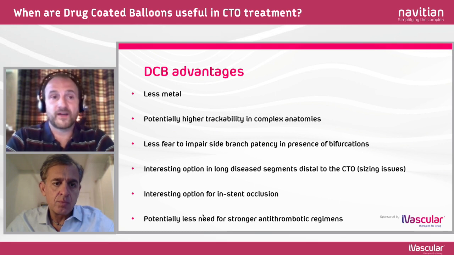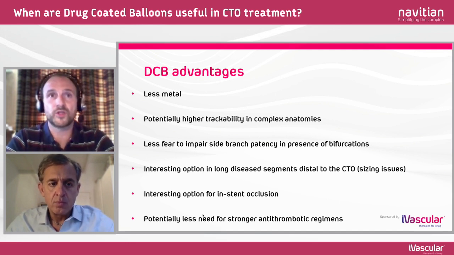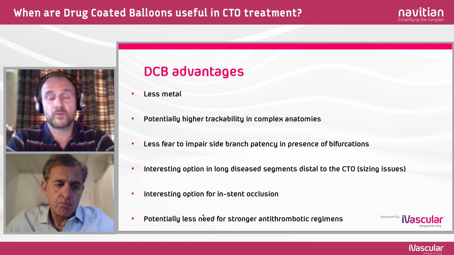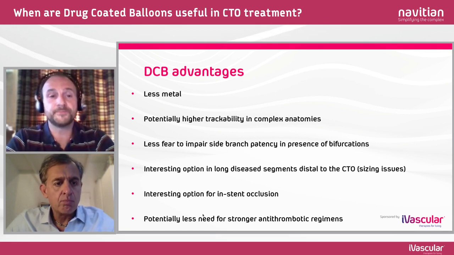One technical advantage of DCB is that because there is no metal on the balloon, it could also be more trackable in more complex anatomy, so you can reach more distal vessel without having major problems as when you have to bring down the stent in the distal vessel. Another interesting advantage is that DCB allows less fear once you try to treat bifurcation, because you are less afraid of occluding side branches that occur more frequently when you implant a stent.